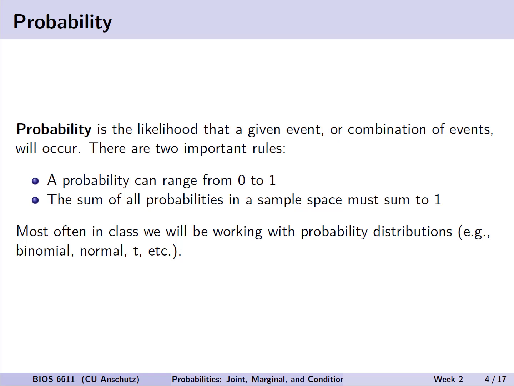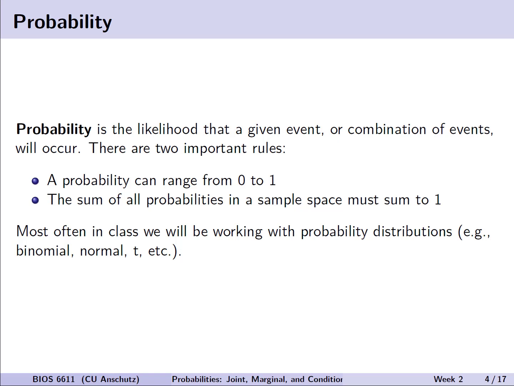Further, the sum of all probabilities in our sample space must sum to 1. If either of these bullet points is violated, we know there's something wrong with the information we've been given, or it's not a true probability distribution. Most often in class, though, we will be working with known or named probability distributions. For example, this week we're talking about the binomial or the Poisson.